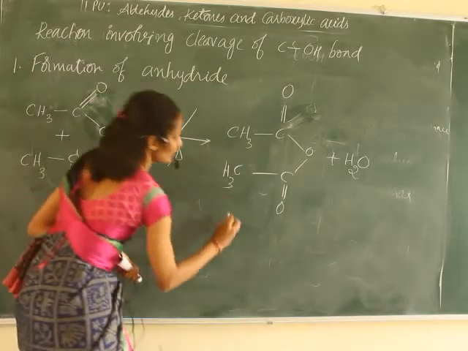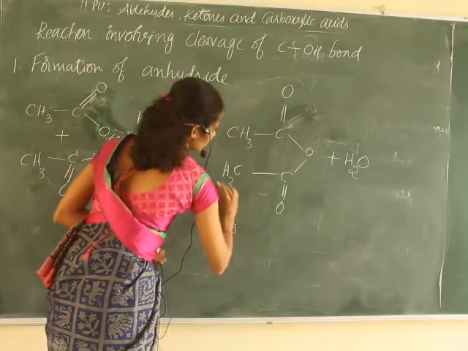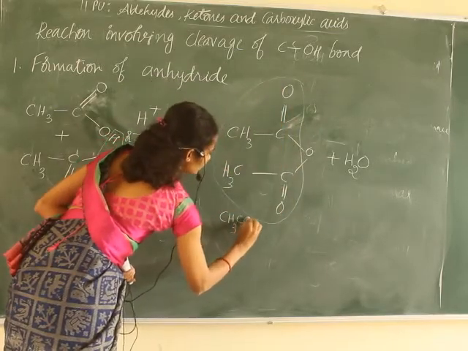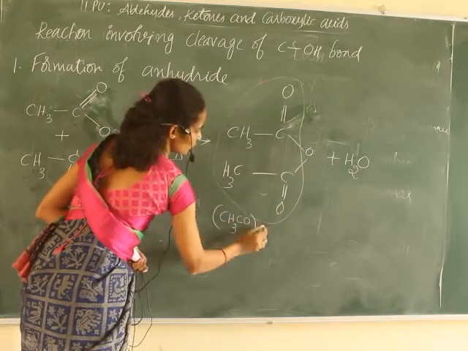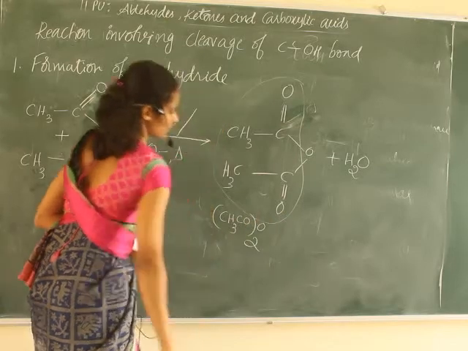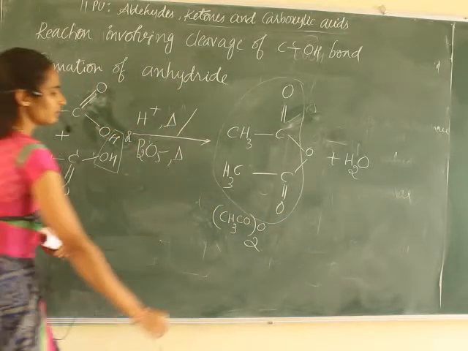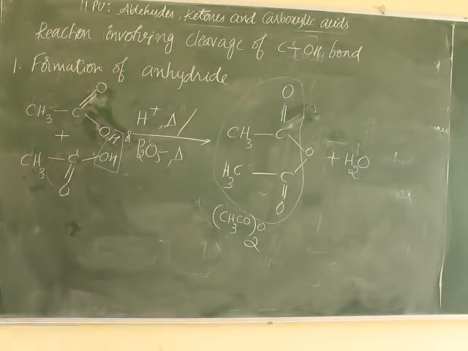Or we can write this as CH3CO twice, CH3CO, CH3CO twice, and the remaining is oxygen. Okay, and this is called anhydride, acetic anhydride from acetic acid.